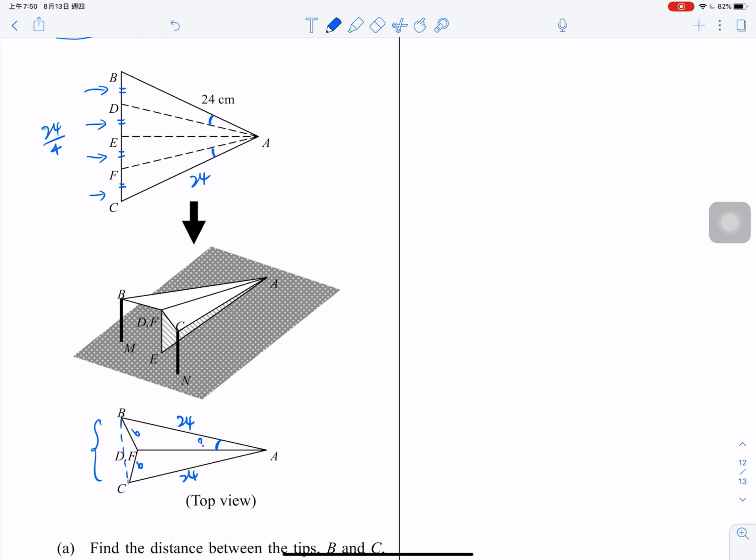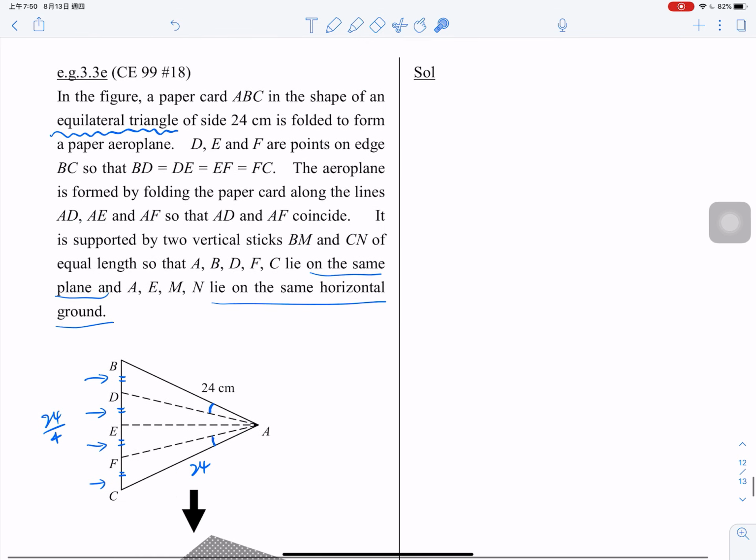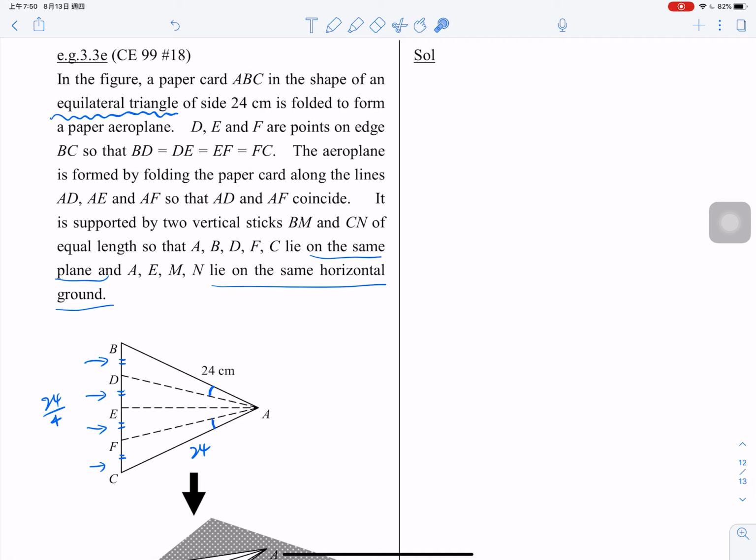Then someone will think that this part is the angle divided by 4. If you have this thinking, it's better for you to use a paper to help you. Now you're not in examination, so you can try by yourself to fold a paper.